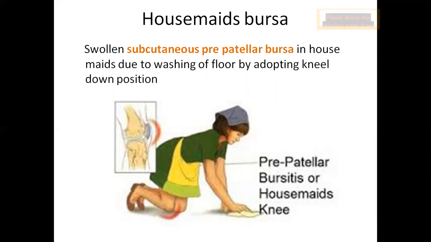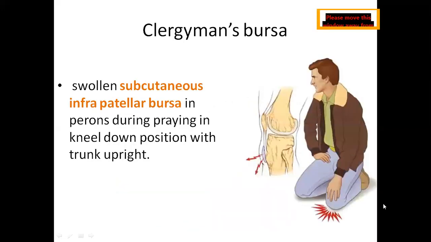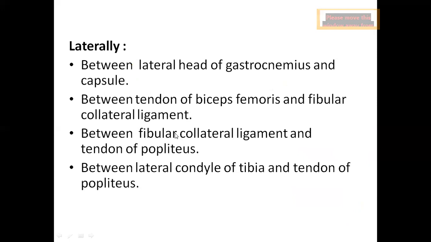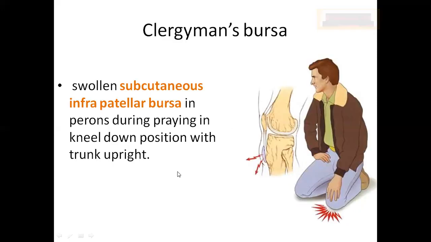An indirect clue will be given to you to identify it, for example an essay asking you to write about the knee joint. There is one more condition, clergyman's bursa, which is the subcutaneous infrapatellar bursa, in persons praying in a kneeling position with the trunk upright. So this is subcutaneous prepatellar and this is subcutaneous infrapatellar.